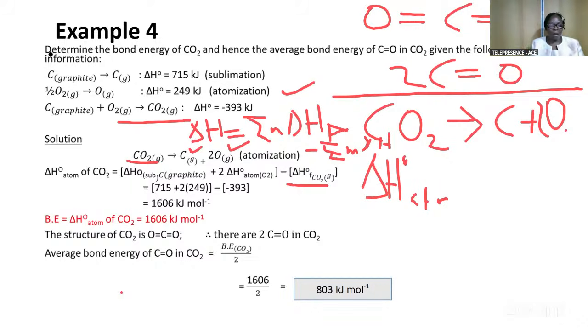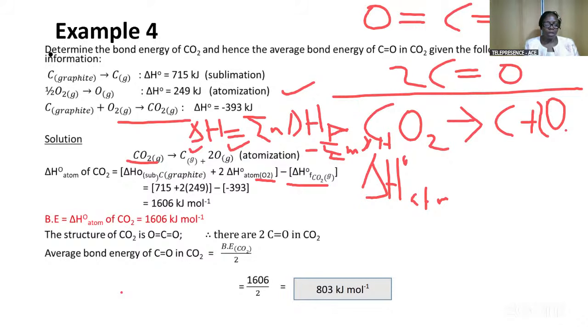So if you look at all the terms and values that you have been given, we have the delta H of sublimation for graphite, and then we have the delta H of atomization for oxygen. Sorry that we cannot do the subscripts in that state, but I'm sure you understand. It's not 2O, it's O subscript 2.